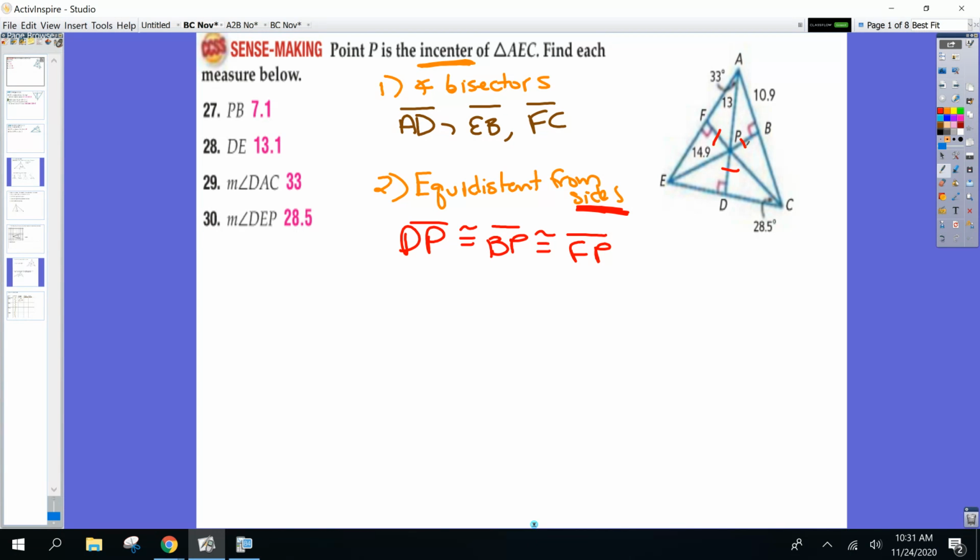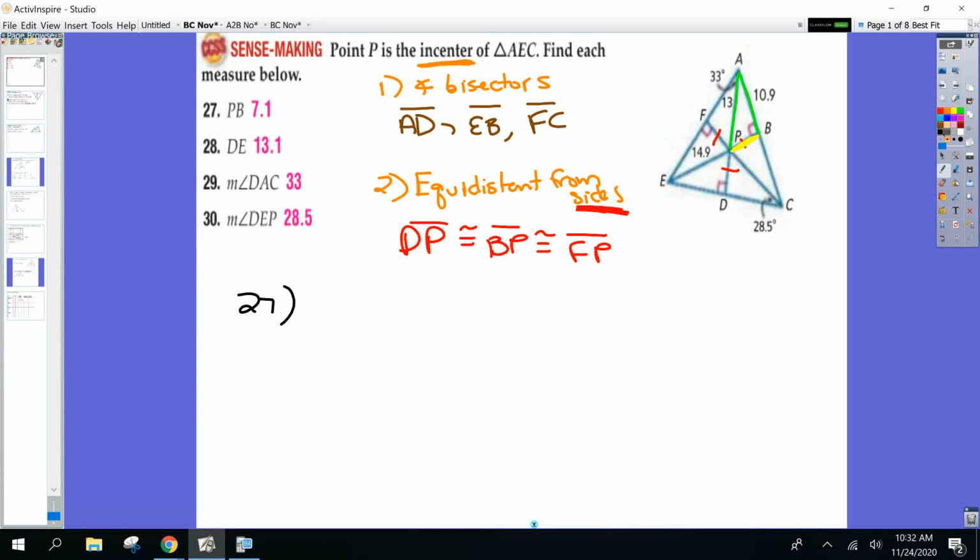Because I went into that whole song and dance getting all this information, and 27, you didn't need any of it. You didn't need to know squat about an in-center to do 27. Why not? We're trying to find segment PB. Isn't PB part of a right triangle PBA?